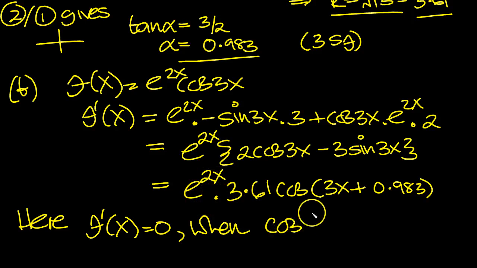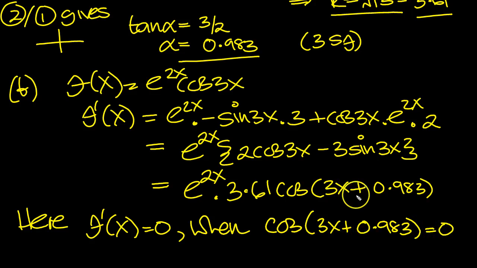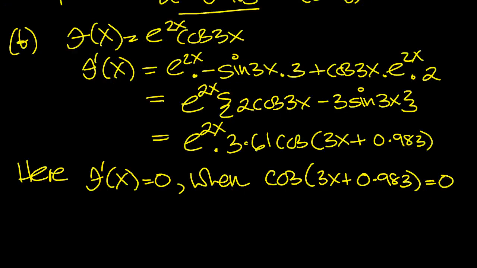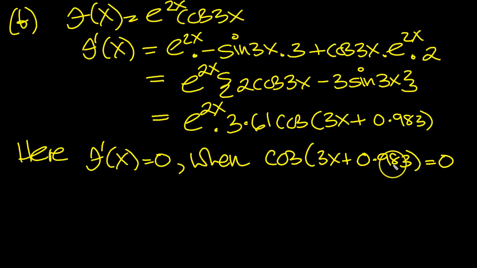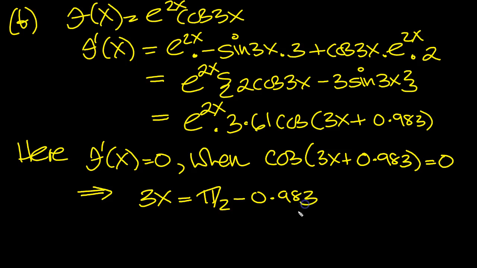So we get 3x plus 0.983 equals 0. Now when is the first value when that's 0? Presumably it would be at pi over 2. So 3x equals pi over 2 minus 0.983, and x is a third of that.